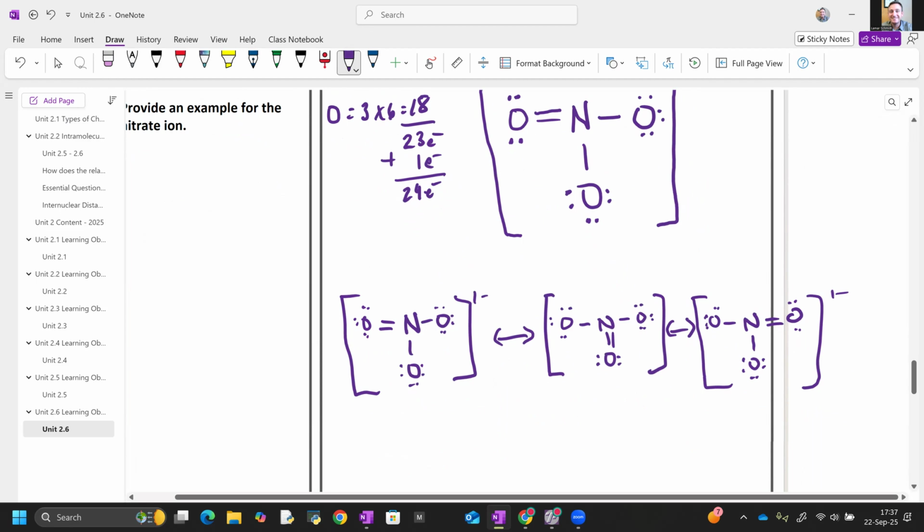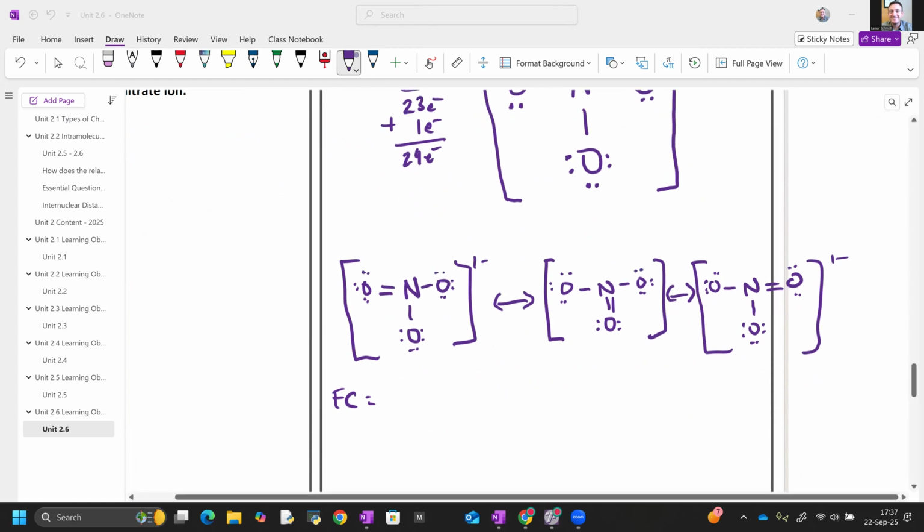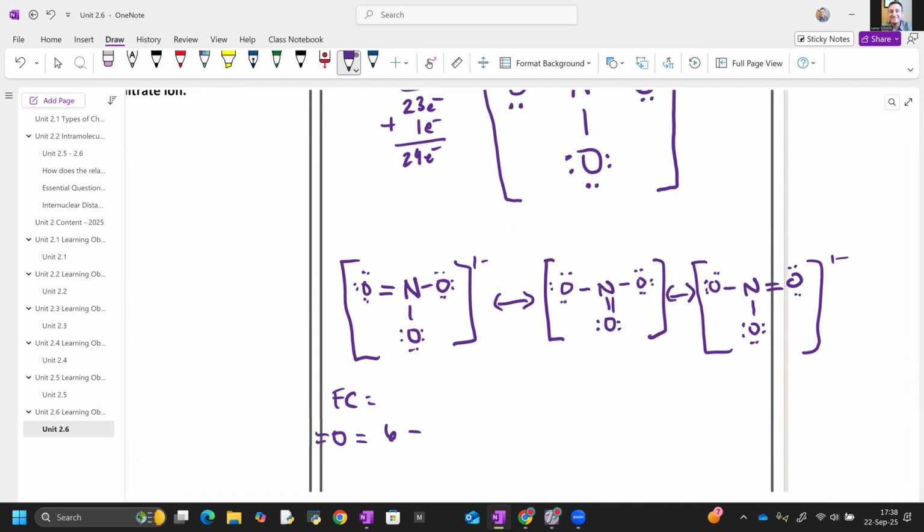So we can show our calculations for formal charge, and it doesn't matter which one. If I show the oxygen with a double bond, and I'll put the double bond on this side, we see that it is equal to 6 minus 1/2.